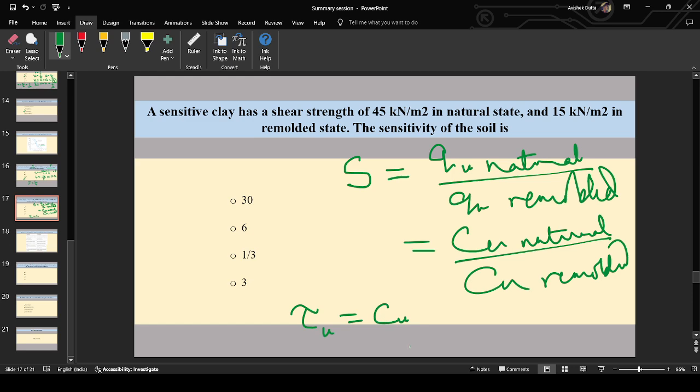Why Cu? Because we assume that the soil has zero friction. It is clay, so the friction angle is 0. So the shear strength is equal to the cohesion of the soil mass, and that is equal to half of the unconfined compressive strength based on the graph.